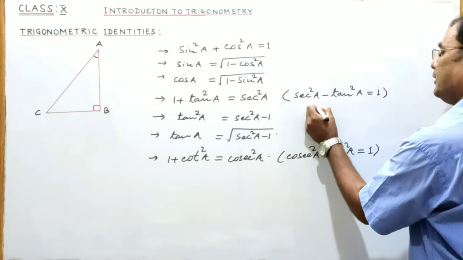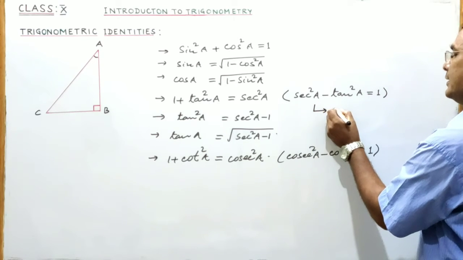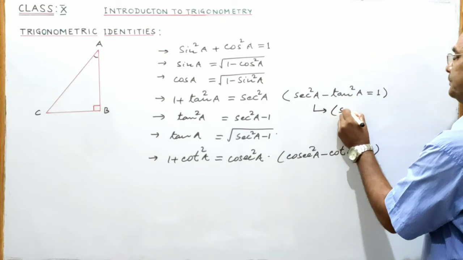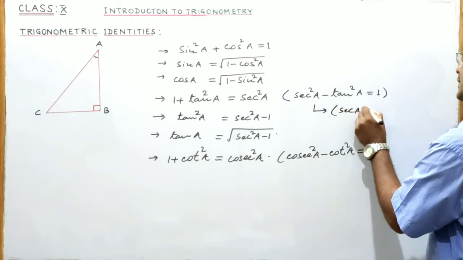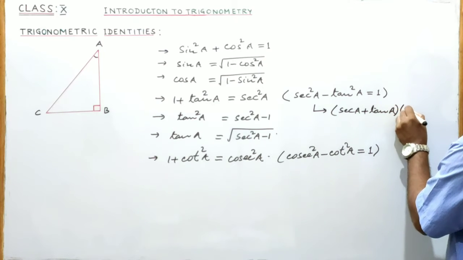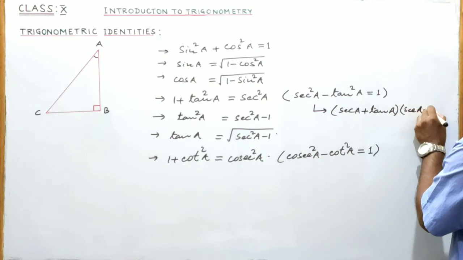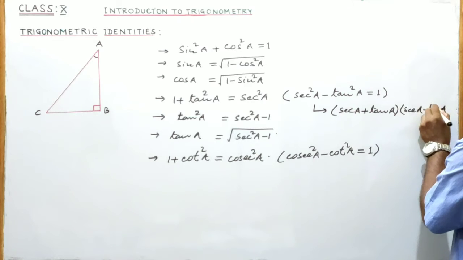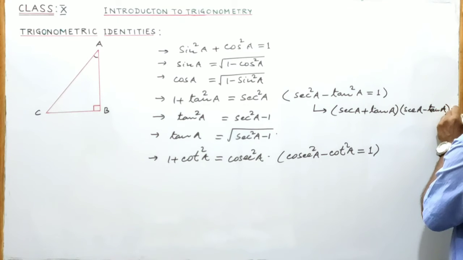From here you can further write and understand it as sec A plus tan A into sec A minus tan A is equal to 1.